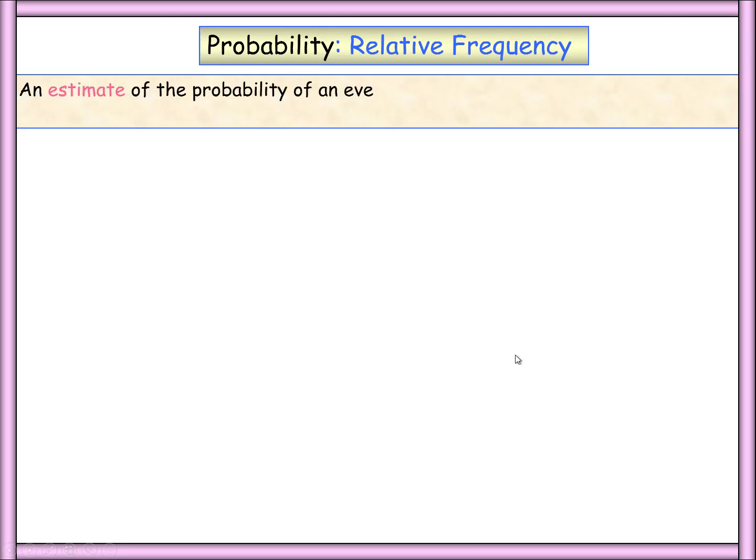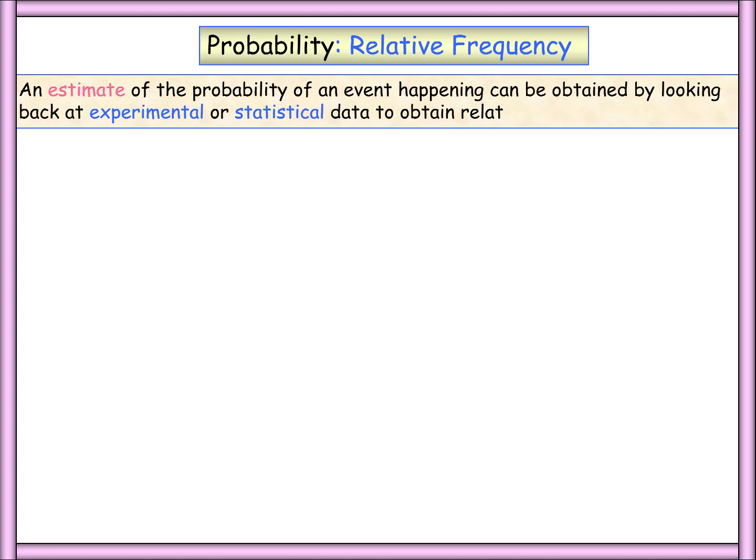So, relative frequency. Relative frequency is where we estimate the probability of an event happening by looking at experimental or historic statistical data. If we've got data that we've taken in an experiment, we can use that then to estimate what is going to happen on a certain number of trials.